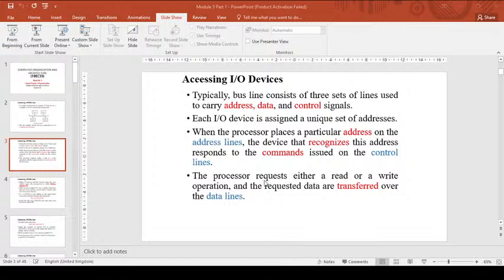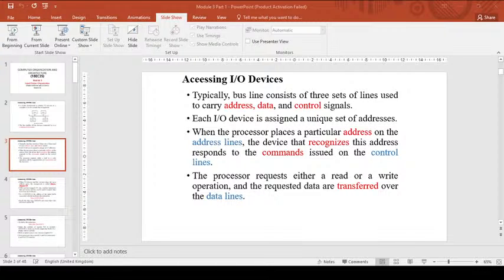By the name you can make out that in is reading from the IO devices, and out is the instruction used to send the data to the output device, that means for the write operation. In is for the read operation, out is for the write operation. Always remember, in means data transfer from the input output devices to the processor, and out means from the processor to the input output devices.